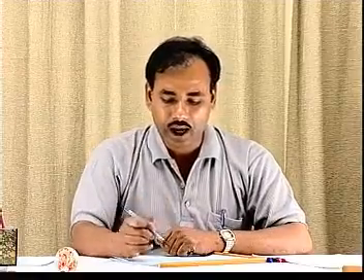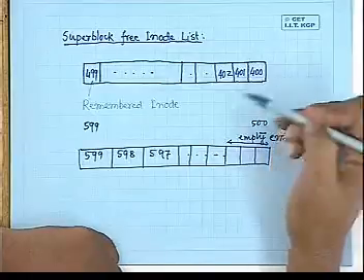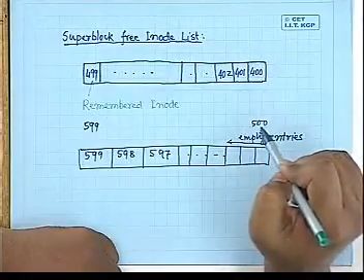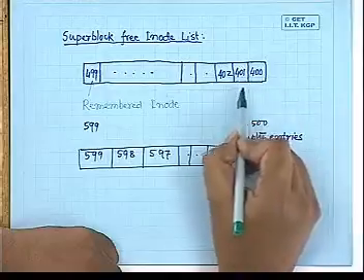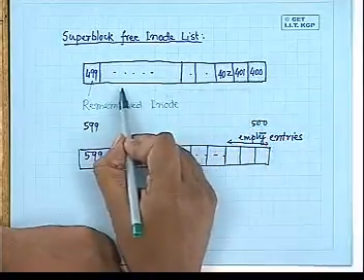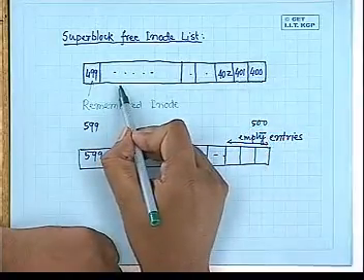Whenever a process requests a new inode while creating a file or a directory, an inode will be taken from this superblock free inode list and allocated to the requesting process.